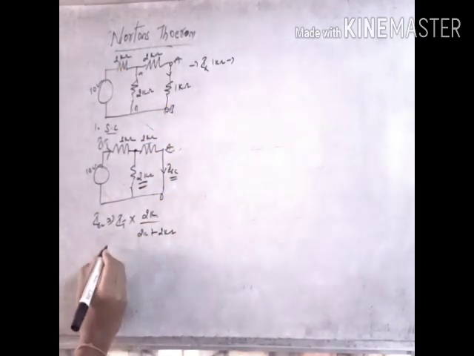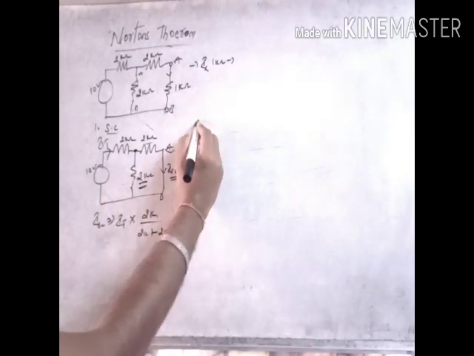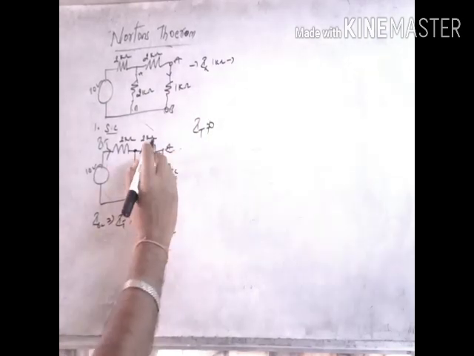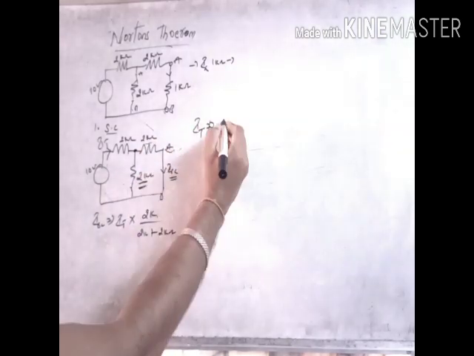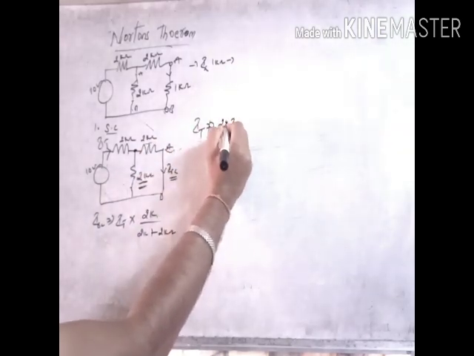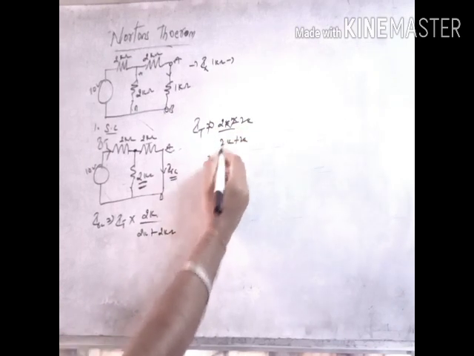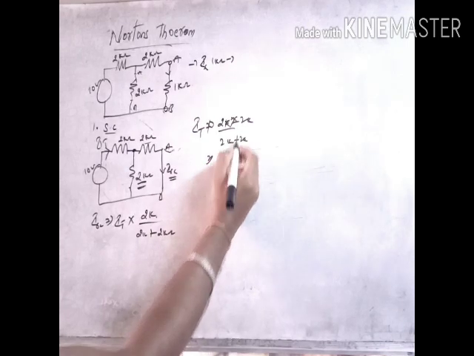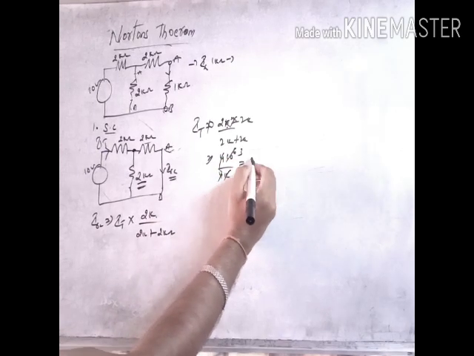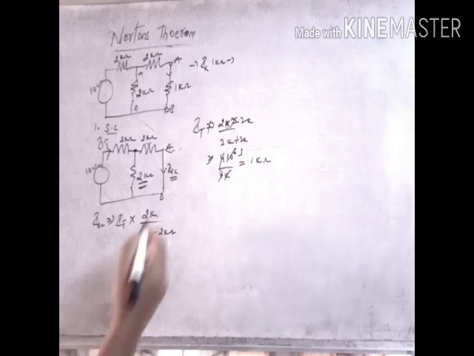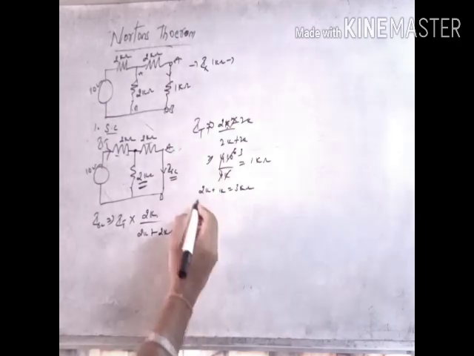Now, I total we don't know actually. This I total we have to calculate. For the calculation of I total, we have to simplify the total resistance. These are two parallel resistances: 2k into 2k by 2k plus 2k, that is 4 into 10 to the power 6 by 4k, so we get 1 kilo ohm. Next, this is 2 kilo ohm in series, so 2k plus 1k becomes 3 kilo ohms.